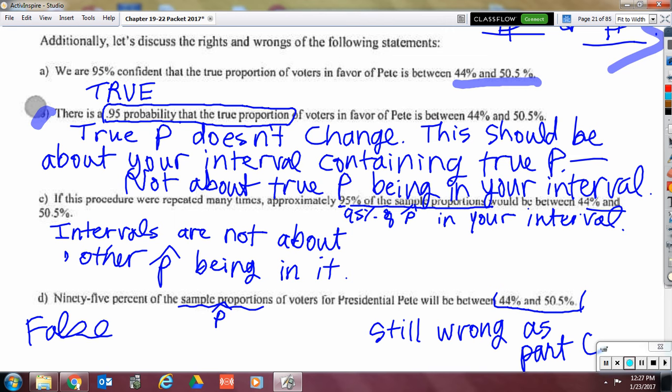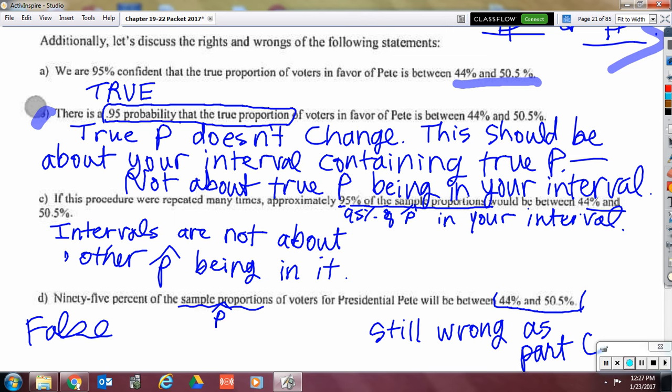True P does not move around. This should be about if your interval contains true P, not about true P being in your interval. That's so weird to think about and tricky. It's kind of like which comes first, the chicken or the egg, I guess.